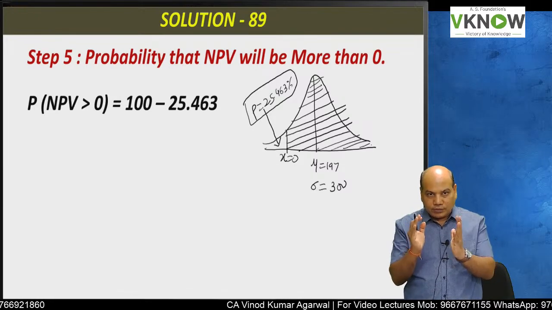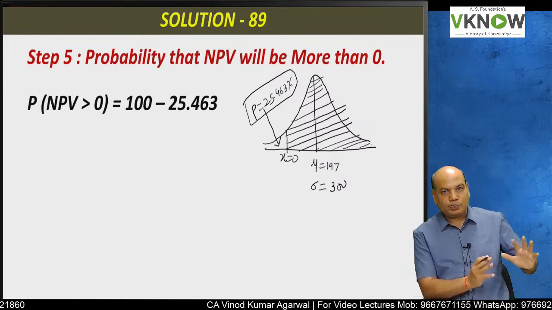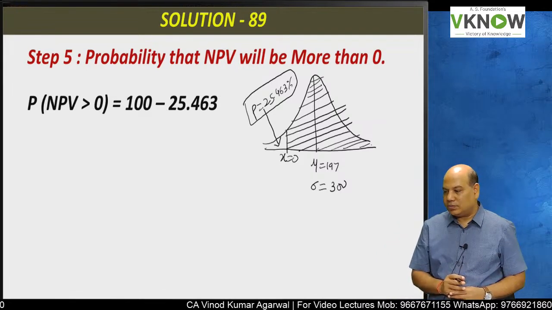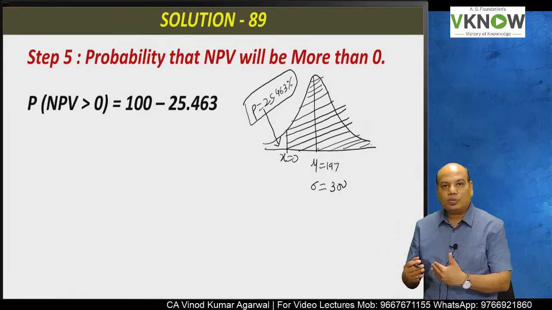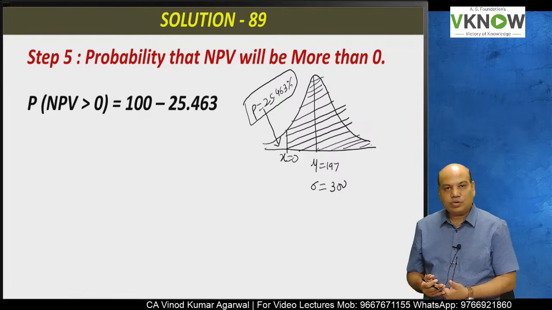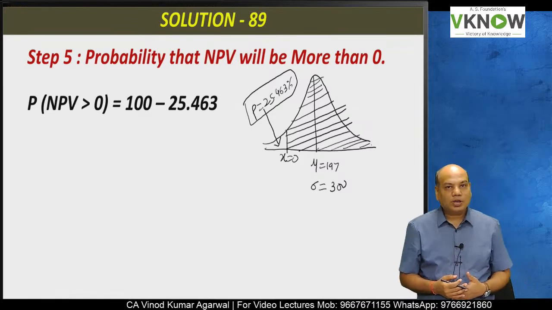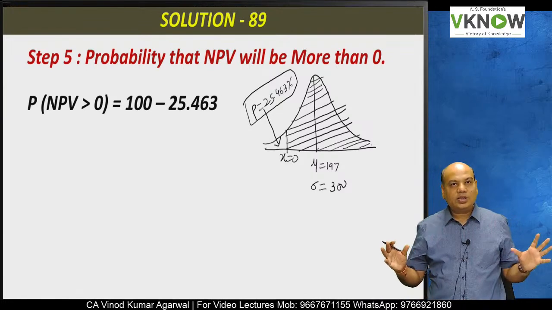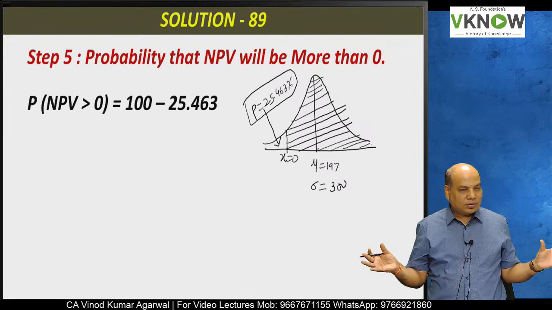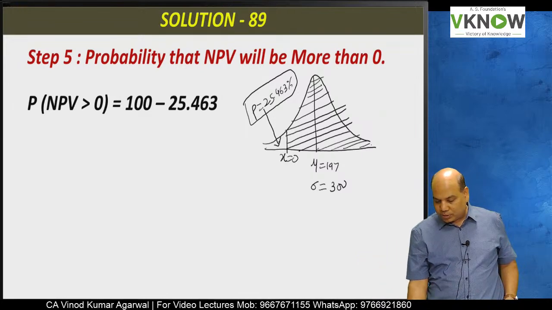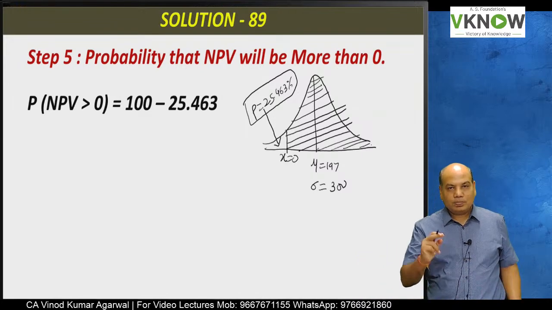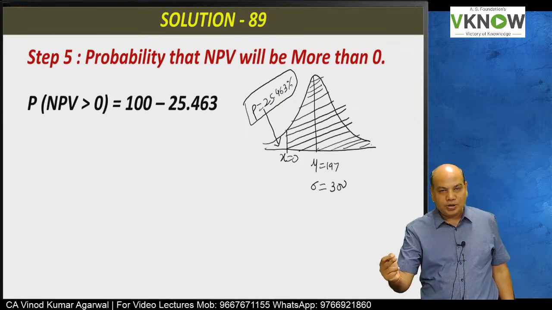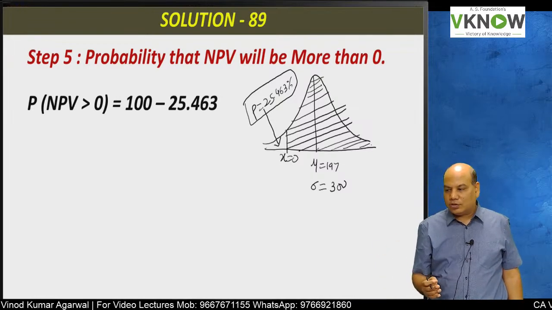So if from that 1, I remove 0.25463, the remaining is the probability of more than 0. Yes or no? So why dig the well again? You have already computed probability less than 0. Balancing figure: 1 minus p is the probability more than 0.